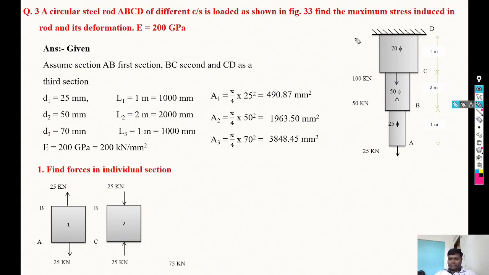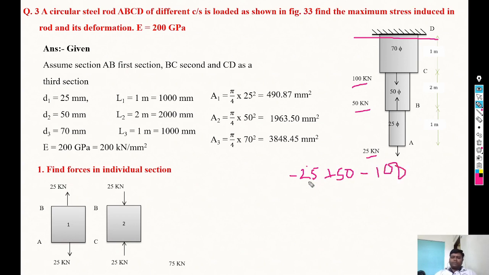Now last, consider the section at point D and focus on the bottom. Three forces are there: 25, 50 and 100. 25 is downward, so consider it negative. 50 is upward, consider it positive. Again, 100 is downward, consider it negative.